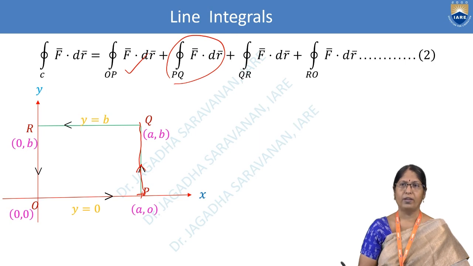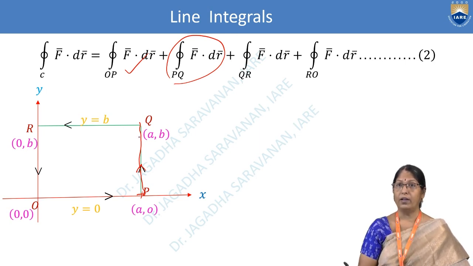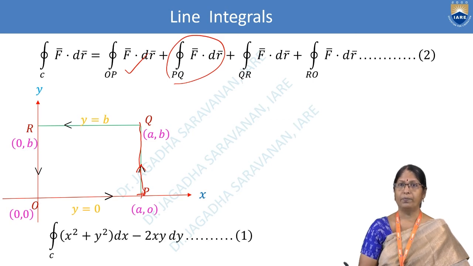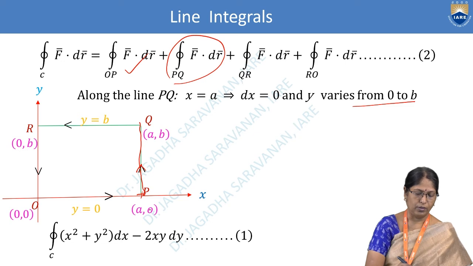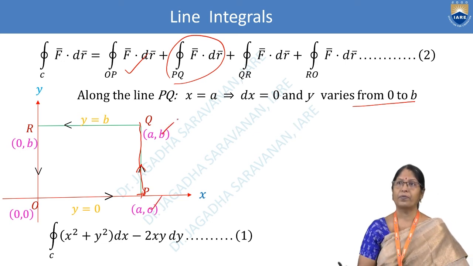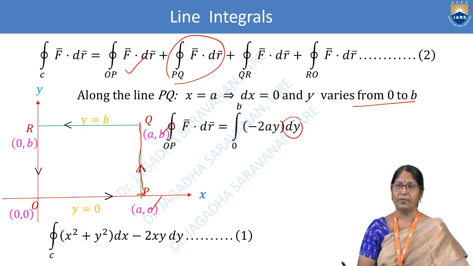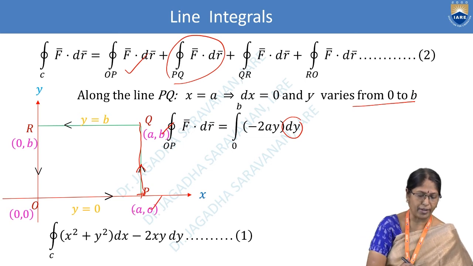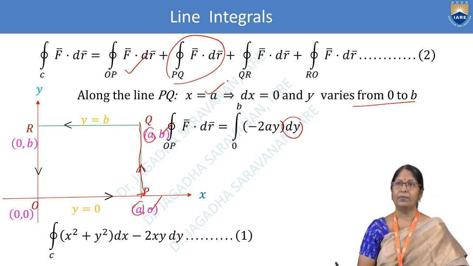If we are moving in the y direction, then y varies from 0 to b. We have to do the integration with respect to dy, as written here. What about x? Our x is a.